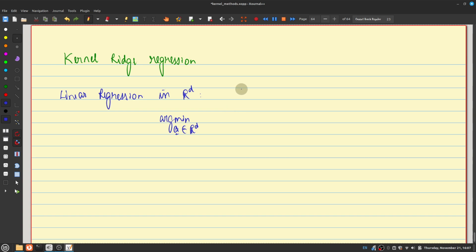So you're given a bunch of data points, x1 through xn, which are all vectors in R^d, and along with this, you're given the corresponding labels y1 through yn, which are all elements in R in general. Right? And in this case, you want to minimize the squared error risk or the squared error loss.